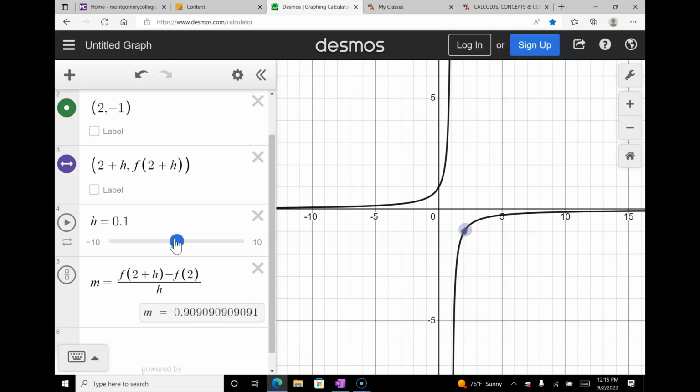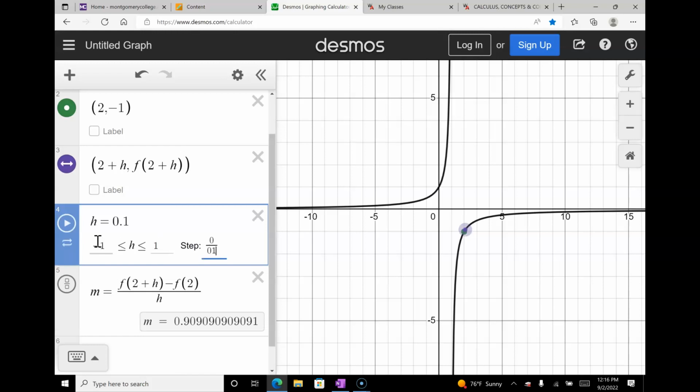Somehow, there it is. So look at my slope, 0.909090 repeating, yes? Then it gave me 2.01, so I want h to be 0.01. I have to change my scale to get that. So I'll say h is between -1 and 1, and I can go by a step of 0.01.